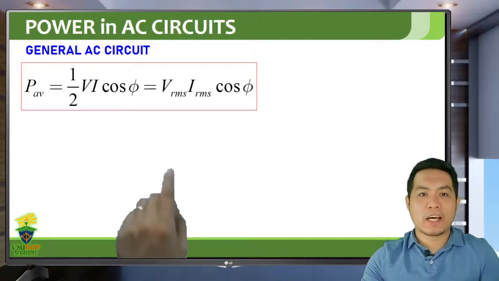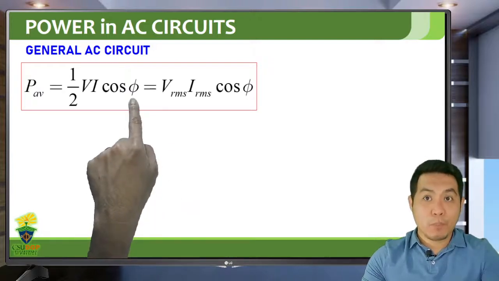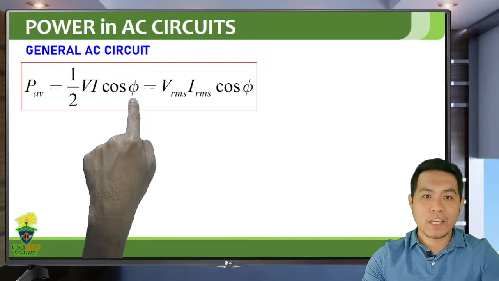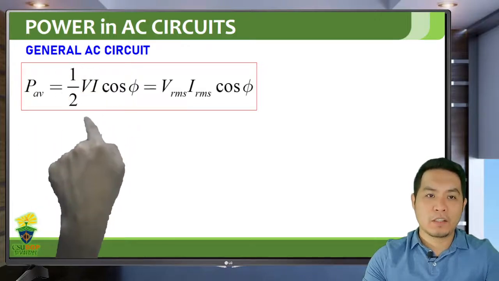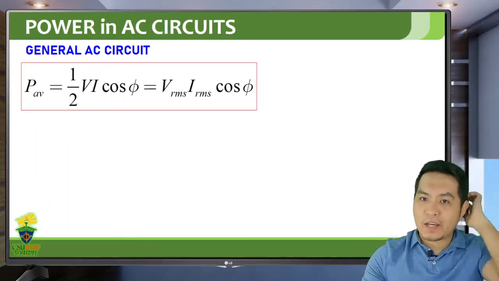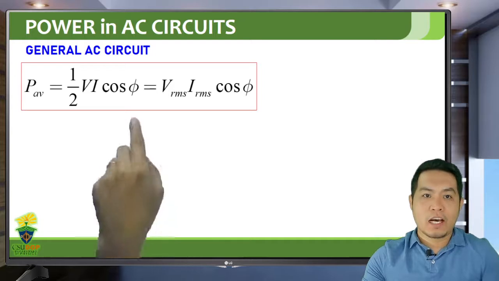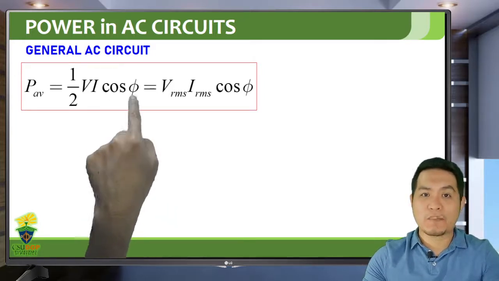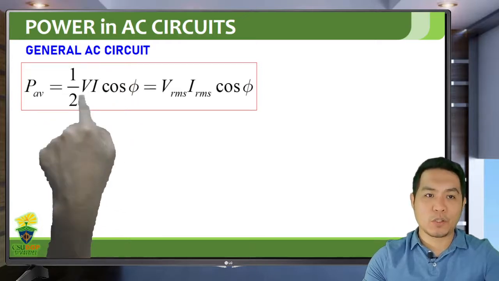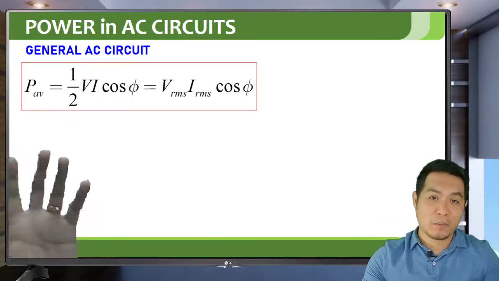Take note that the phase angle, if you have a pure resistor, is 0. So cosine 0 is 1. And the phase angles for an inductor and capacitor are 90 and negative 90 degrees. So cosine of 90 or cosine of negative 90 is 0. So you get 0 power.